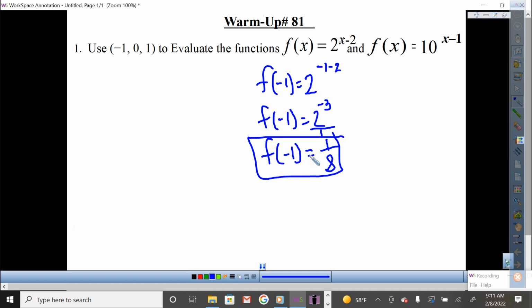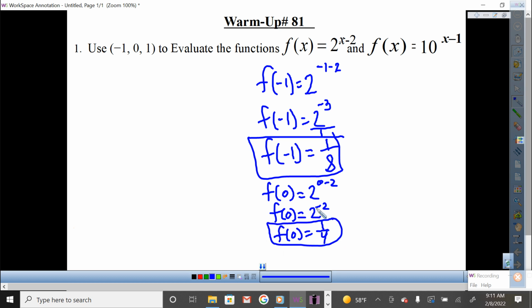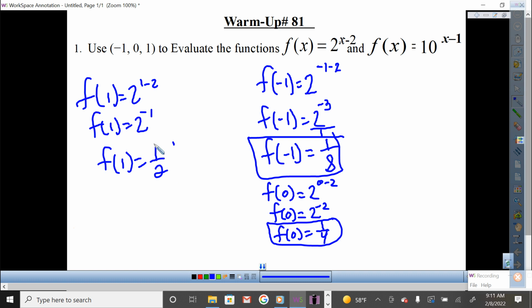Guys, I'm giving you the basic skills before we get to the exponential and the logarithm, so you need to practice these. Okay? From there we got f of 0 equals 2 to the 0 minus 2, which is 2 to the negative 2, so f of 0 equals 1/4. Hands up if you got that. Okay, good. And f of 1 equals 2 to the 1 minus 2, which is 2 to the negative 1, so f of 1 equals 1/2.